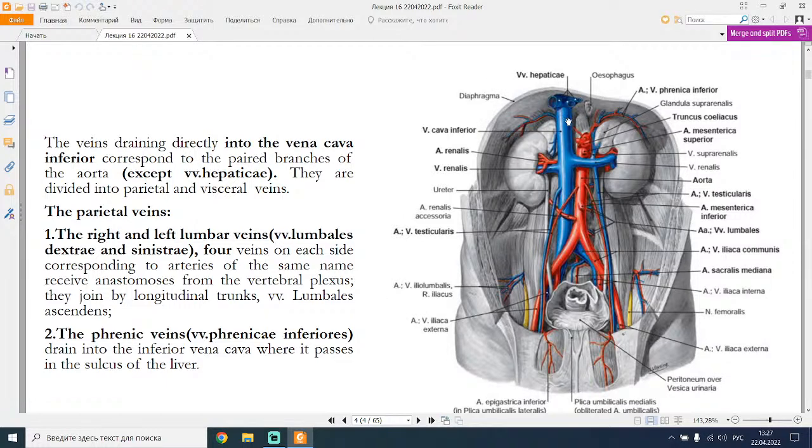Next vein, vena phrenica inferior. It drains into the inferior vena cava where it passes in the sulcus of the liver.